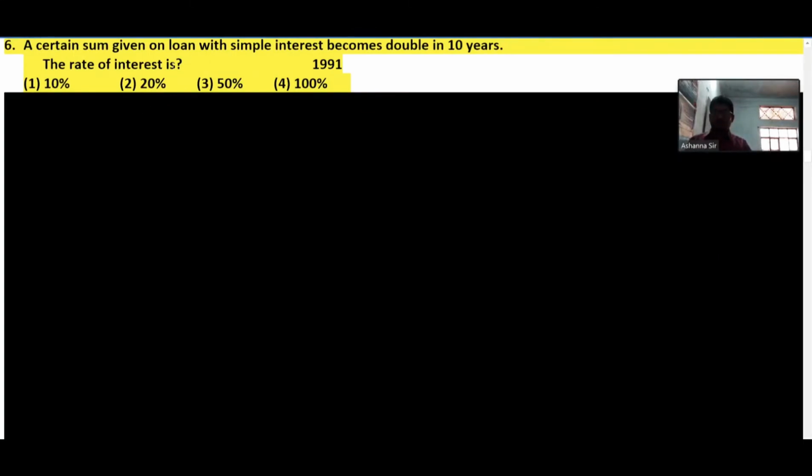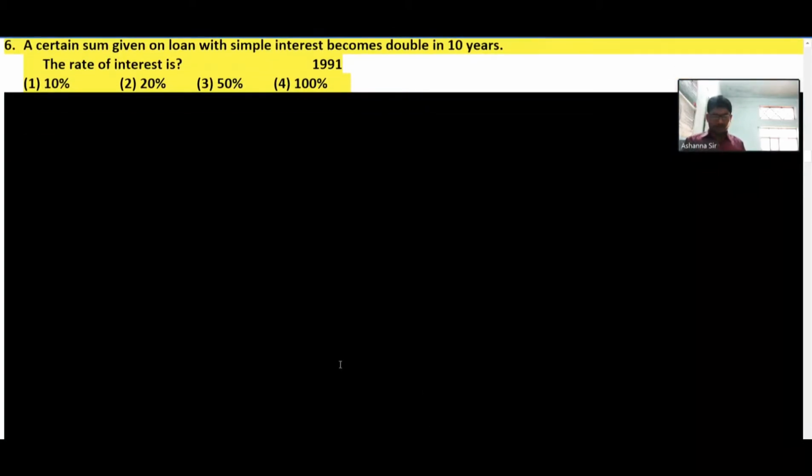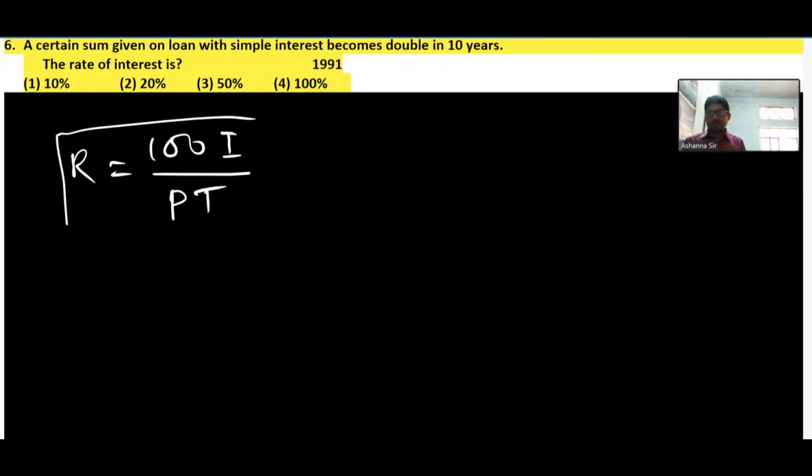A certain sum given on loan with simple interest becomes double in 10 years. The rate of interest is? The rate of interest formula we know: R is equal to 100I by PT. This is the formula.